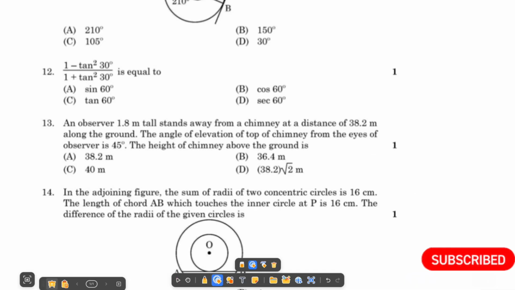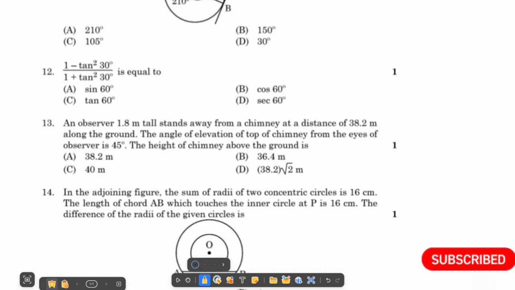So the next question is the 12th question. 1 minus tan square 30 degrees by 1 plus tan square 30 degrees is equal to. So here options are given: sin 60, tan 60, cos 60, sec 60. So let's see what we get if we solve this one. So let's write what is given.